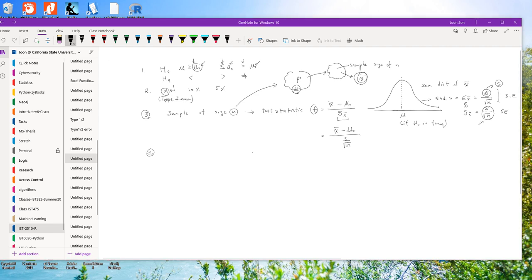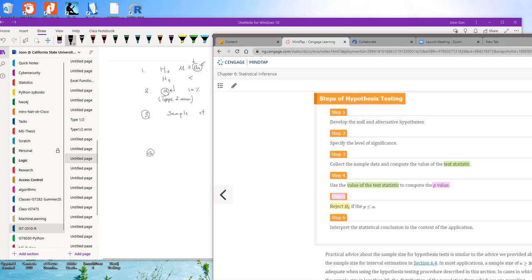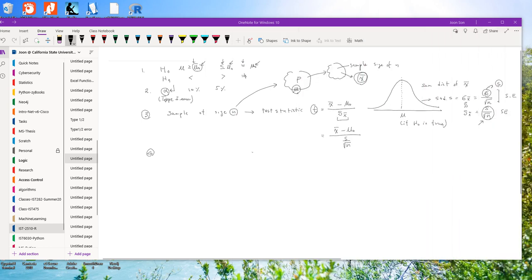Let's look at the textbook. Step number 4 is to use the value of the test statistic to compute the p-value. So now we know the t, and from t we can calculate the p-value.